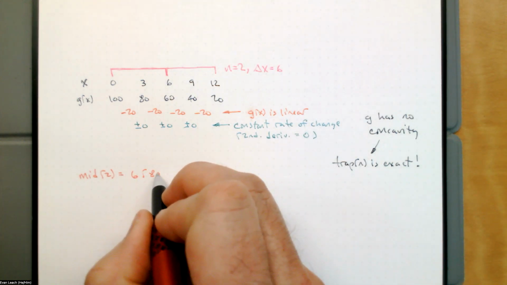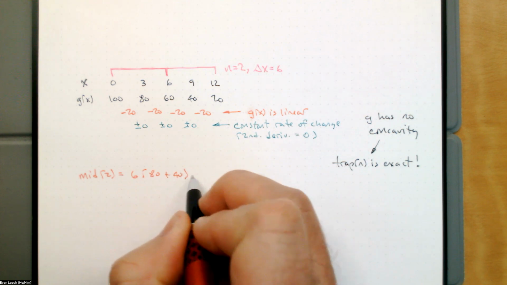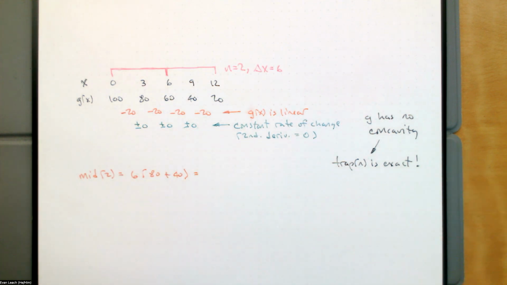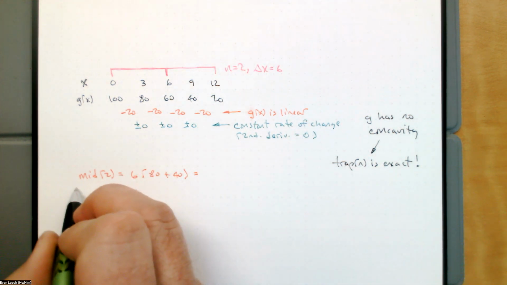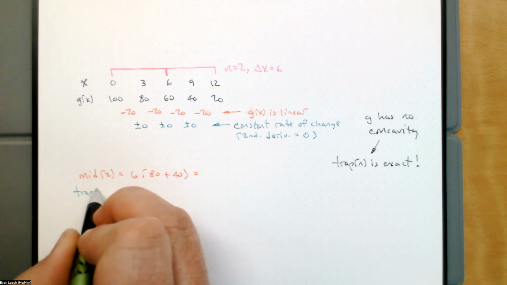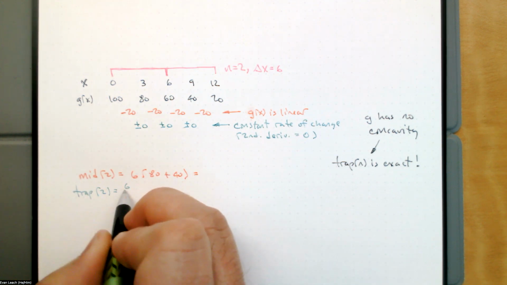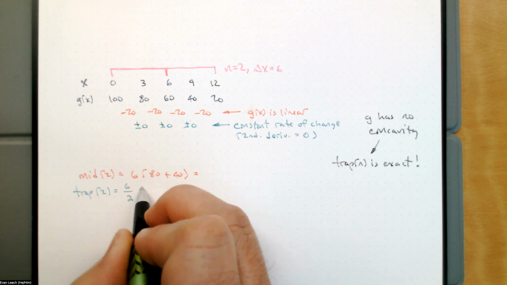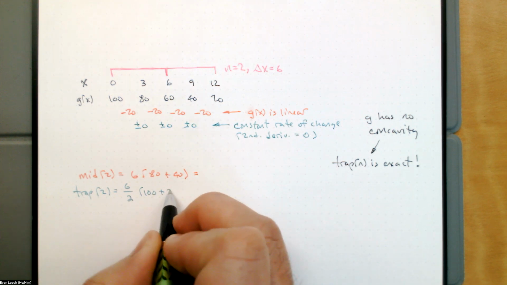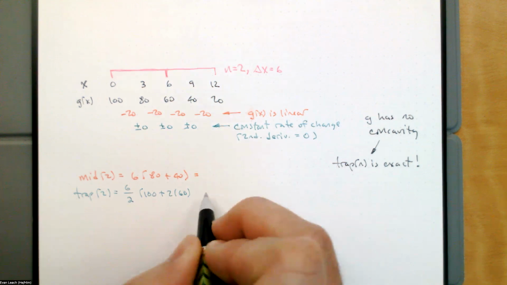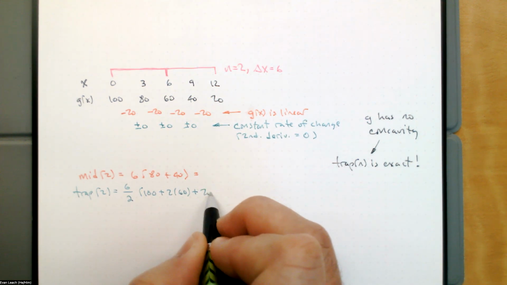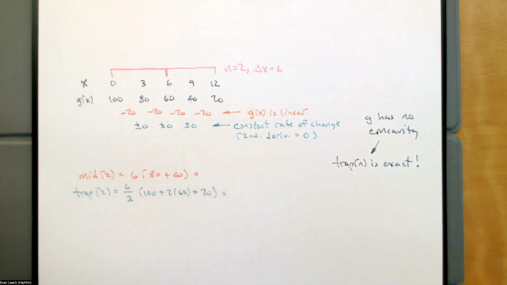And the midpoints are 80 and 40. And the trapezoidal rule will be 6 over 2 because we're finding an average. 100, 2 60s, and one copy of 20.